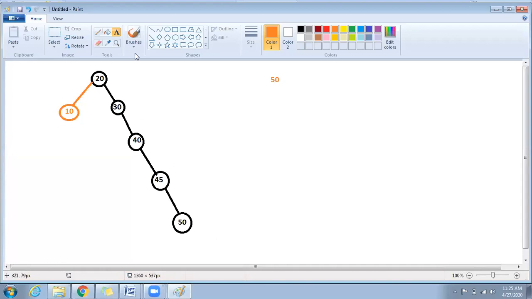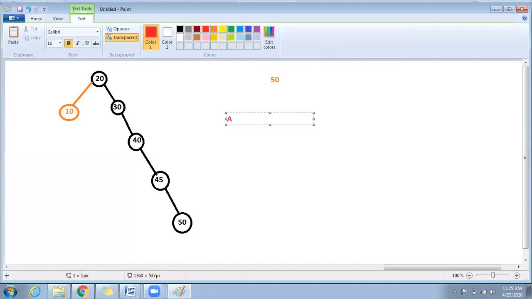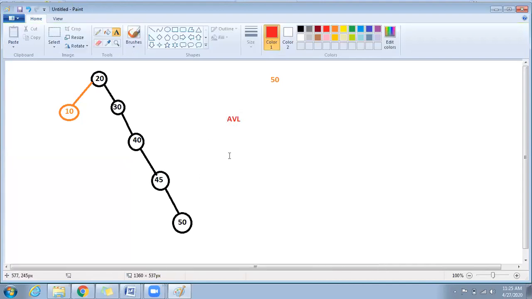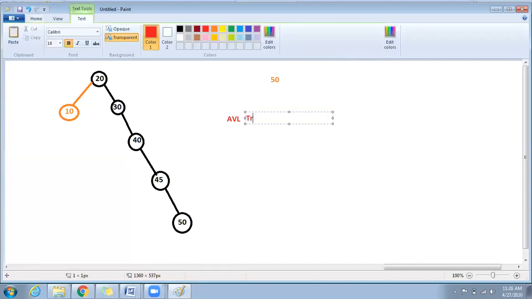So three people found an idea: Adelson, Velsky, Landis. Three people, so that is why the tree is called AVL trees, where the three authors found AVL trees. What is the idea behind that?